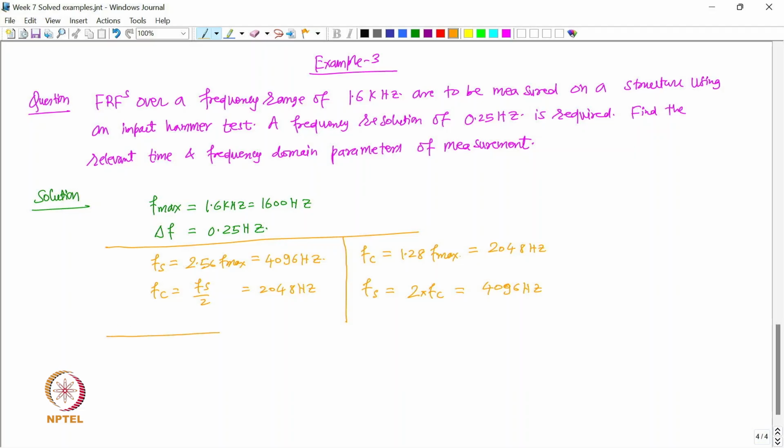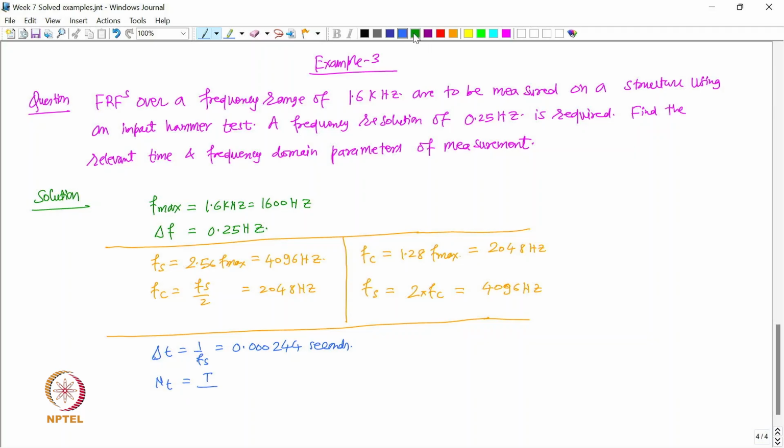So, that basically is the choice of the cutoff frequency and the sampling frequency. Now, let us look at the other parameters. The time resolution or time step will be 1 upon fs, and that would be 0.000244 seconds, correct. Then we have the number of samples NT.